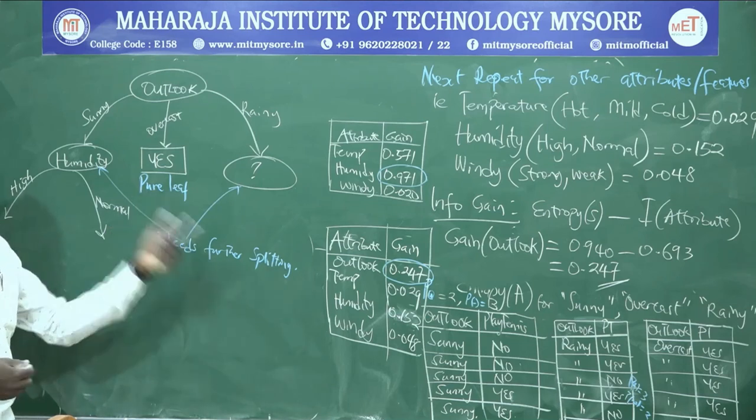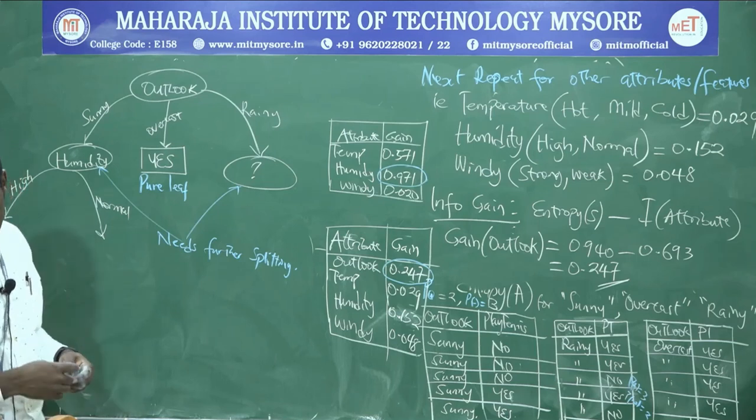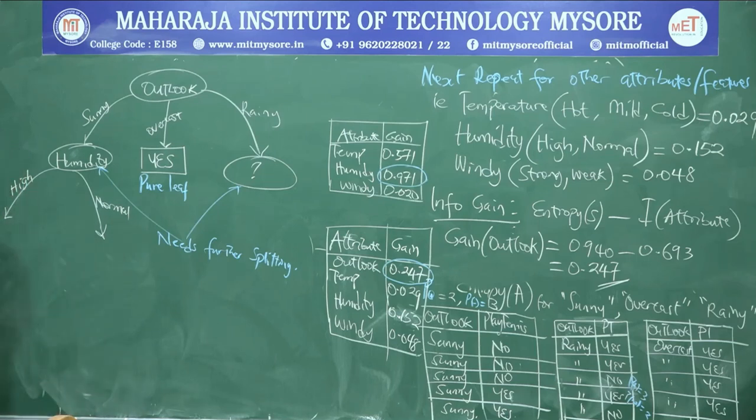You trace it, and then you'll be able to understand what we are doing. For high, we had no, and for normal, we had yes. So these again are pure leaves. No further splitting, pure leaves.